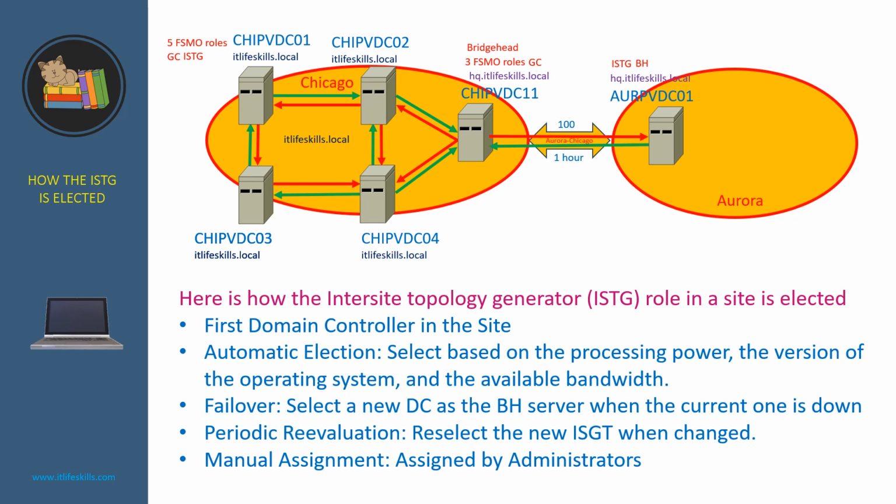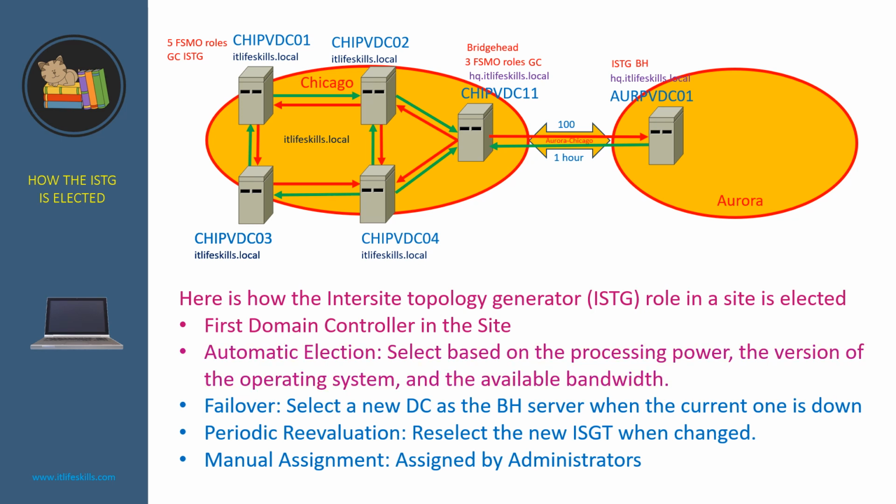Here is how the intersite topologies generator or ISTG's role in a site is elected. When a new site is created, the first domain controller placed in that site will assume the ISTG's role by default.